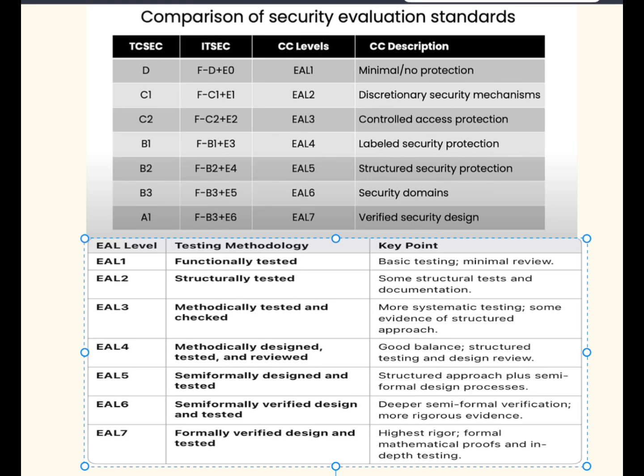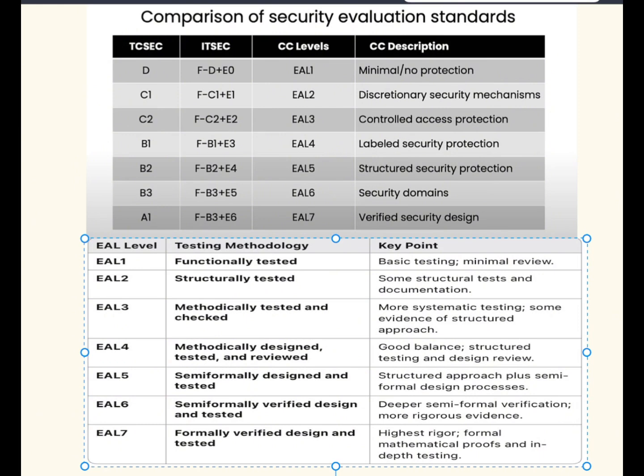As EAL levels increase from 1 to 7, the depth of testing and documentation also increases.